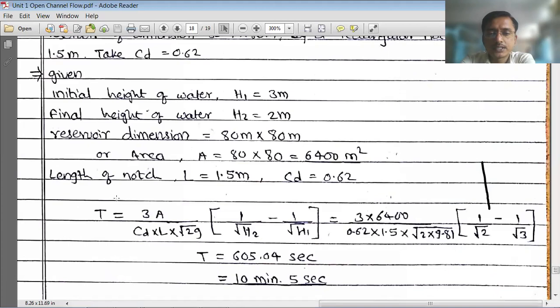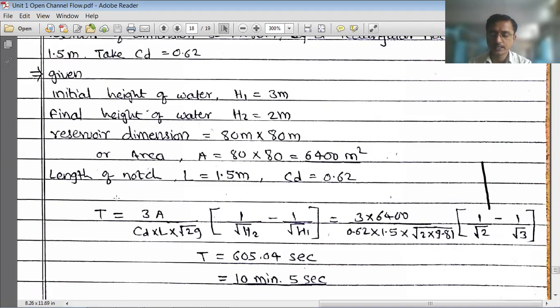How to convert that in minutes and seconds? Divided by 60. Divide it by 60, and the value that comes after the decimal point, multiply that again by 60. 605.04 divided by 60, you will get 10.084.